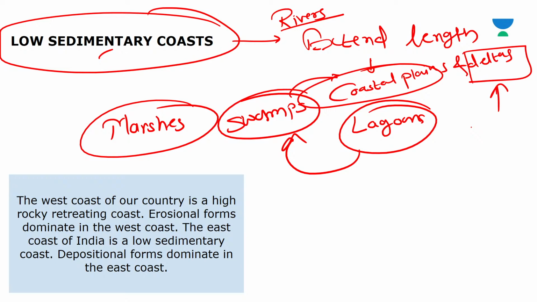So depositional forms dominate in the east coast.